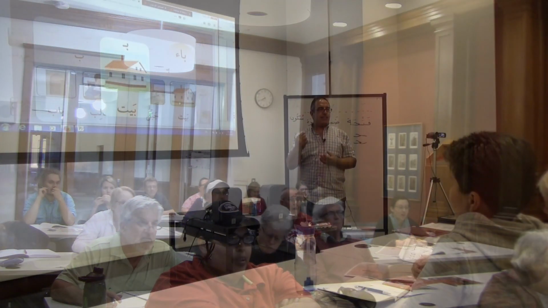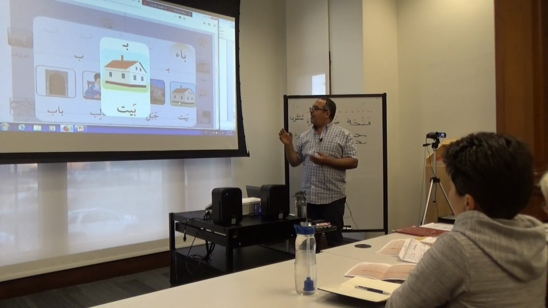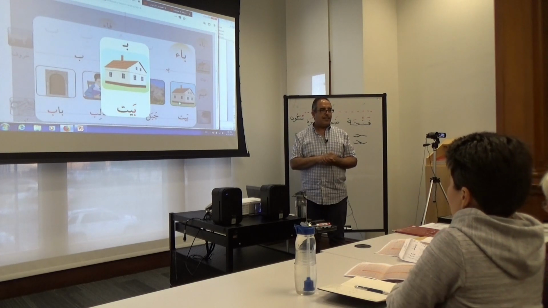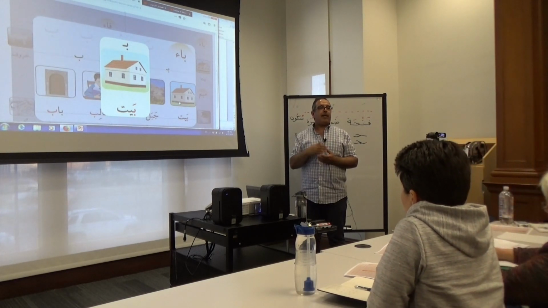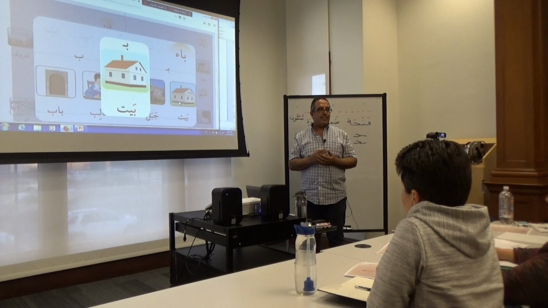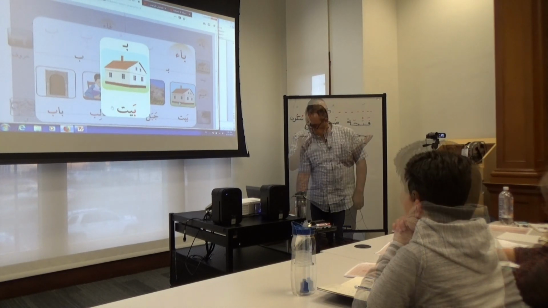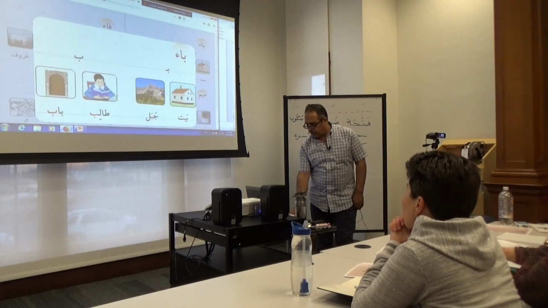What do we have after it? Yeah. So what's the sound of ya? So we say bai. Right? The last one is what? So we say bait. That is house. How about we try another one?